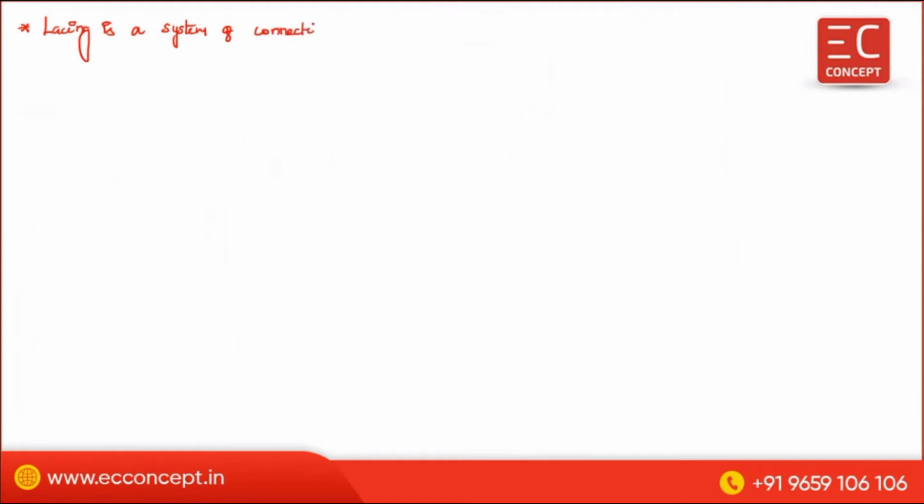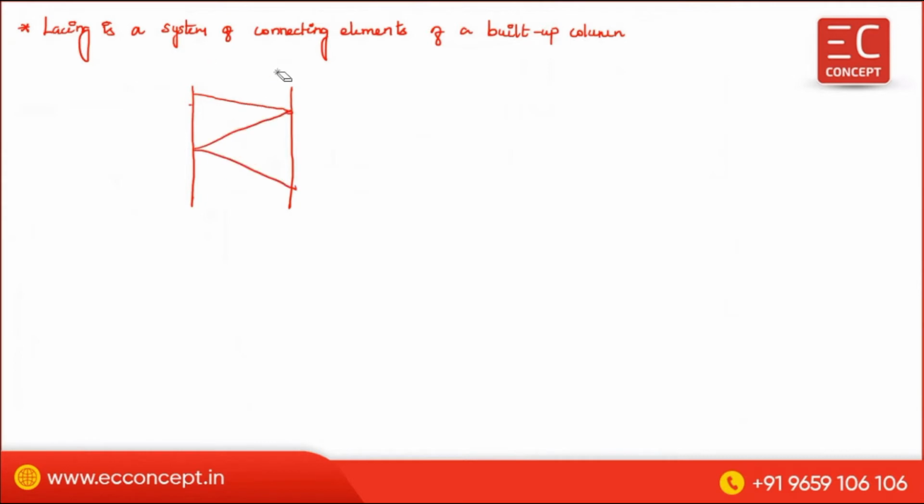Lacing is a system of connecting elements of a built up column. So suppose this is one column, this is another column component. If you want to make a built up column, then connect these two column components by using the lacings. Understood? That's what the point says.